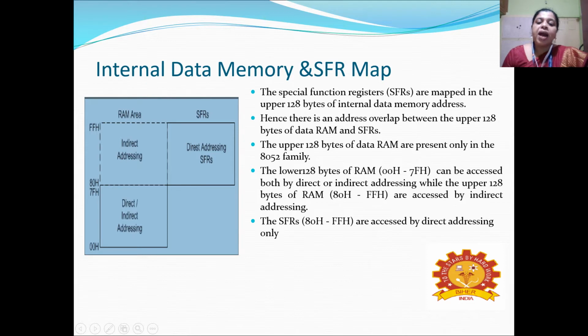There is going to be an address overlap between the upper 128 bytes of RAM as well as the SFRs. The lower 128 bytes of RAM will be accessed by means of direct or indirect addressing. And the SFRs, 80 to FF, will be accessed only by direct addressing.